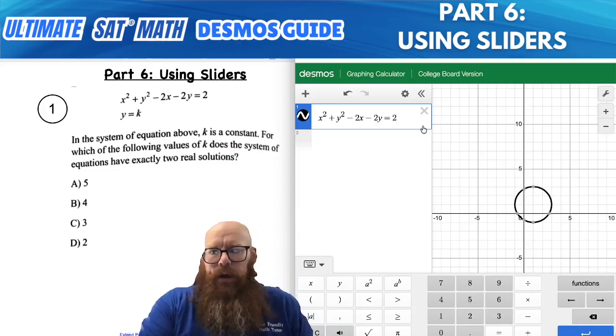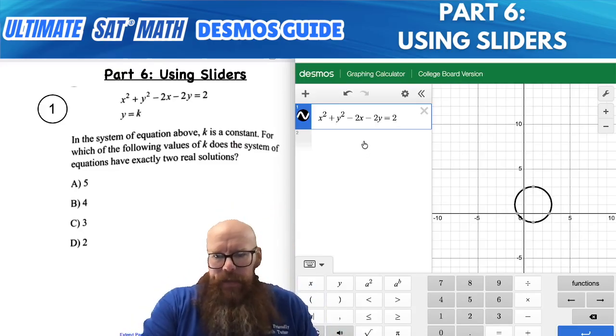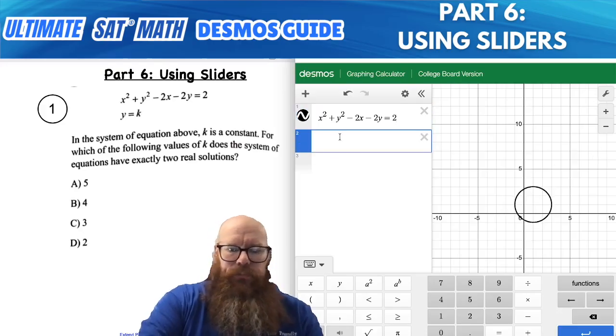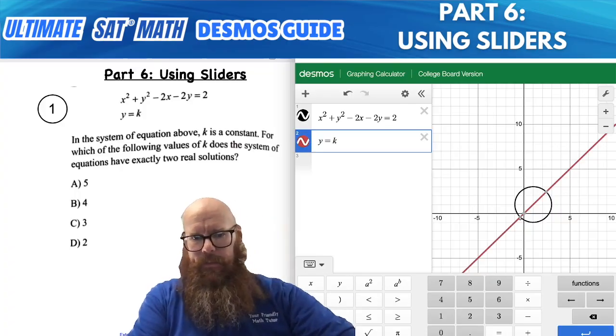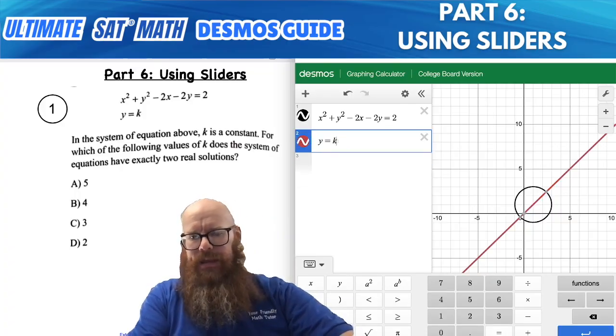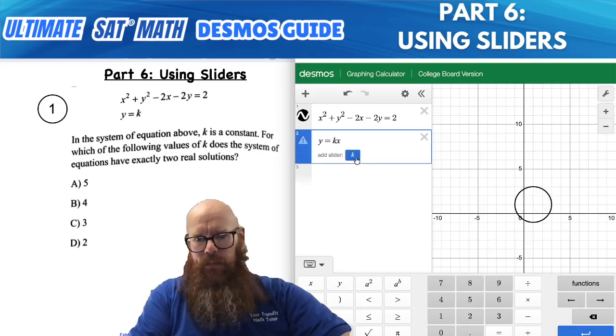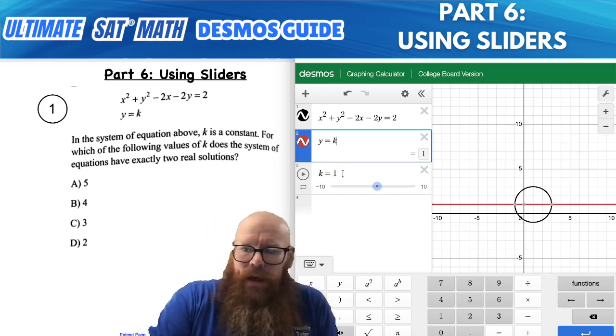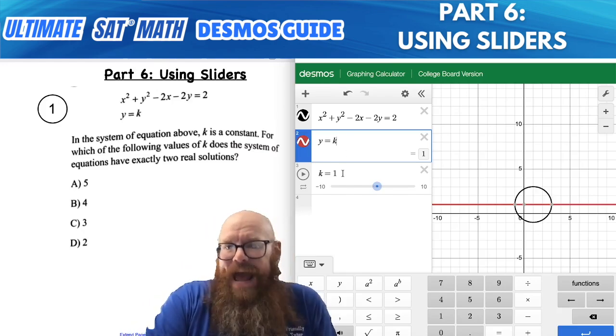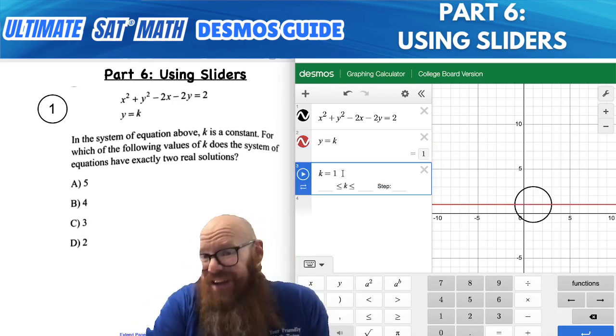And the reason I like this one is, I want to know where it has two real solutions. When I graph this, the problem is when I do y equals k, it doesn't let me do a slider without putting in another variable. But if you put in the variable and then get rid of it and add the slider and then get rid of the variable, it does let you do that.